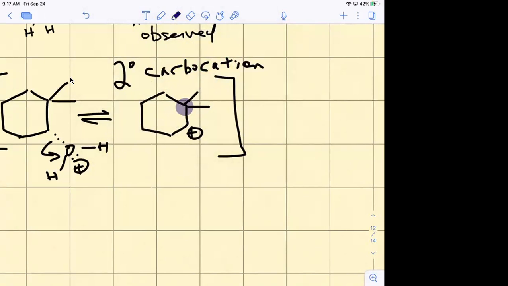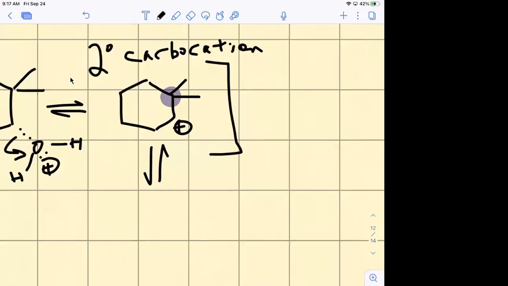And anytime you see a rearrangement like a methyl shift or a hydride shift or something like that, it usually happens to give you a more stable carbocation. So in this case, why we don't get that expected product is because of what we call a methyl shift, which is a type of rearrangement.